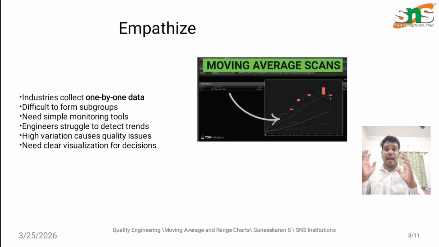They reduce random variation by averaging observations. This smoothing effect helps identify trends and shifts more clearly. Moving average charts are especially useful in chemical processes, temperature monitoring, and continuous production systems.